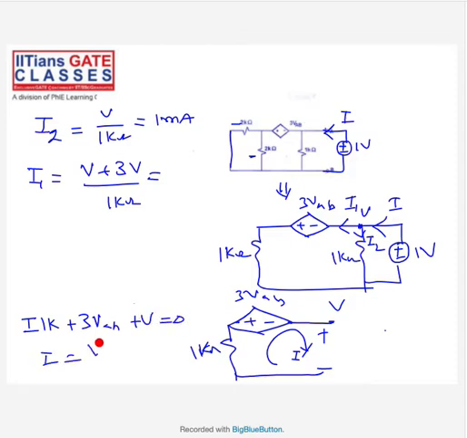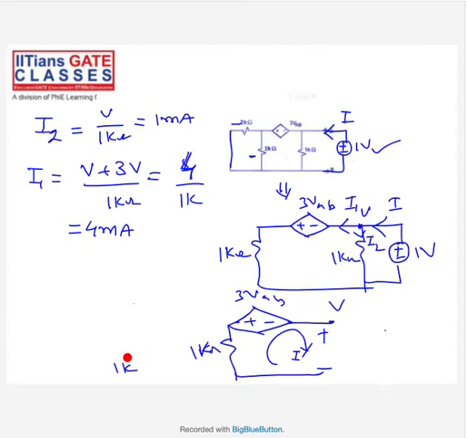So this will be minus I into 1K. So this will be V plus 3V by 1K. V I took as 1 volt. So this will be 4 by 1K. So 4 milliamperes. Okay, am I clear? 4 milliamperes.